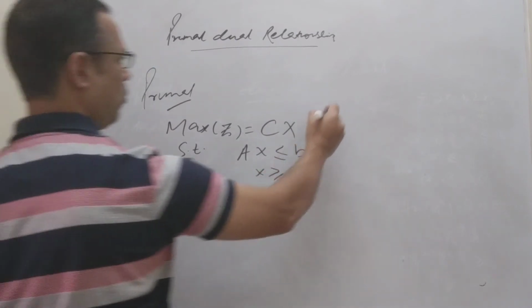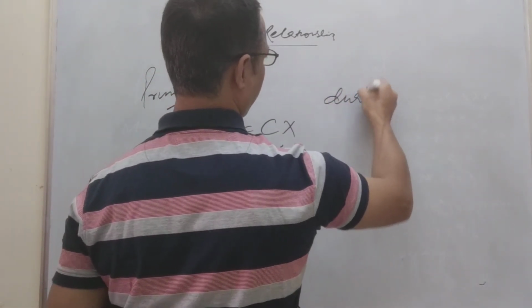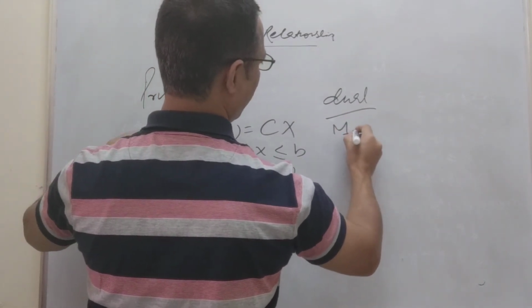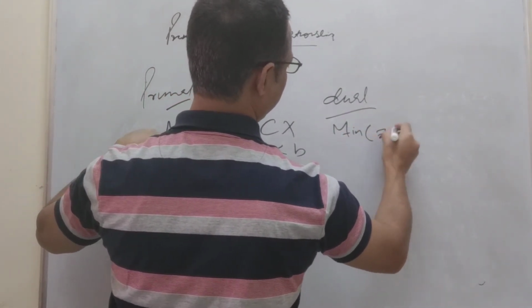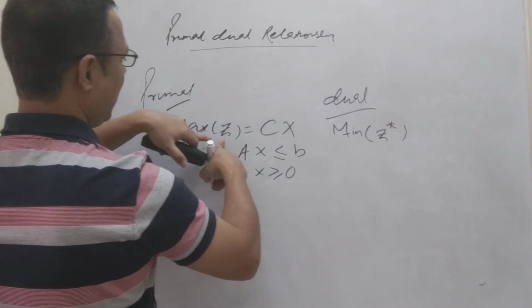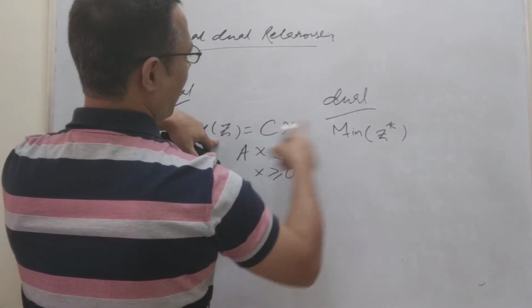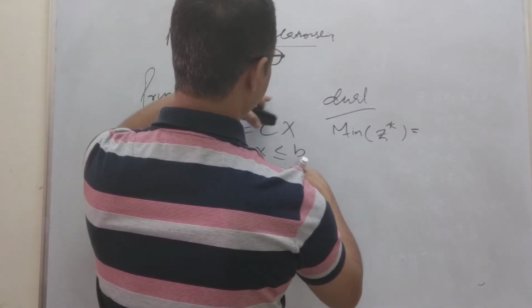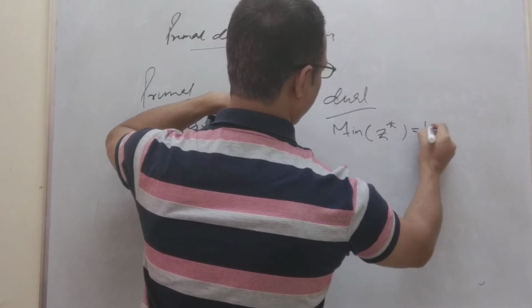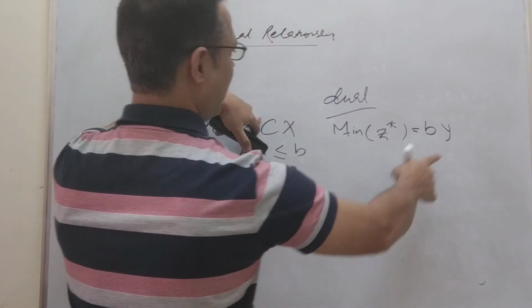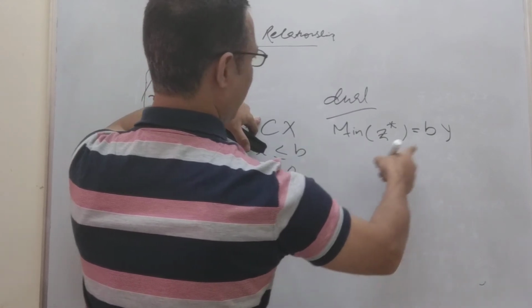How do we write its dual? First, maximization will change into minimization, and just for identification I am going to write z as z star. The right hand side of the constants will become the coefficients of the objective function. Suppose I consider another variable y, just for identification.